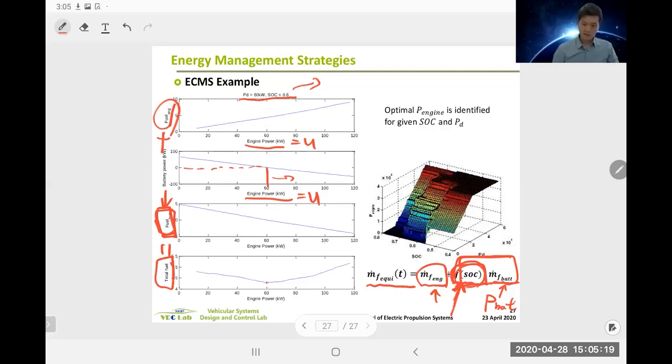And nicely, luckily, adding those two gives you some sort of convex function. So you have this nice convex function, which you can find the minimum point, the optimal point. Right?